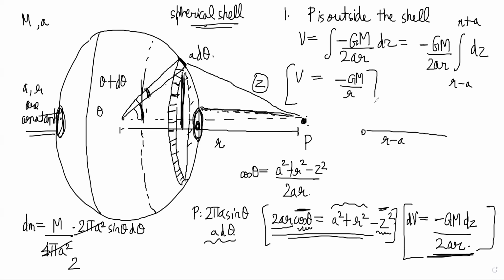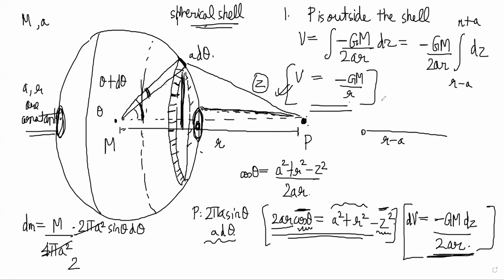This is for all points when P is outside the shell, the potential is this. And here r is the distance of the point P from the center of the shell. And notice that it doesn't matter that there is a shell. It's almost as if it was a point mass at this point. So if the point P was outside the shell, it's as if the sphere behaves like a point mass at its center.